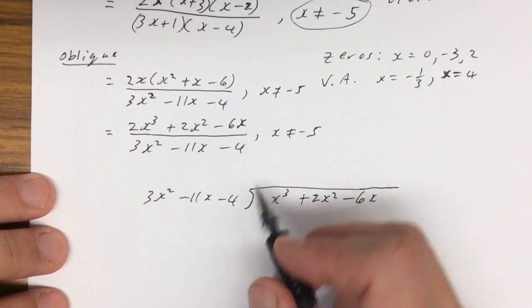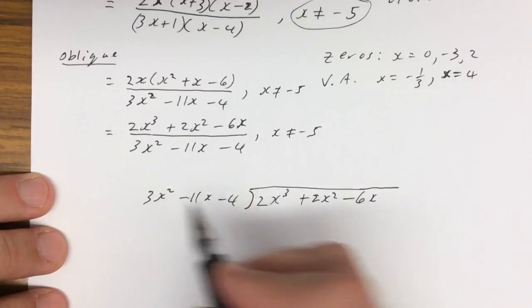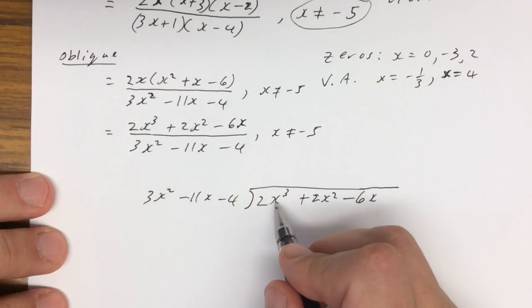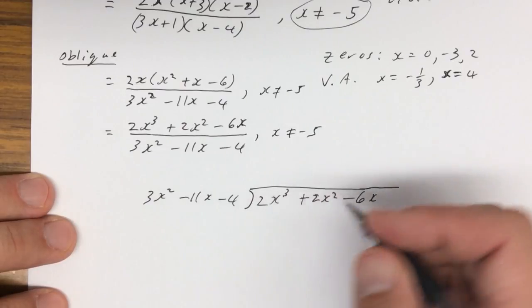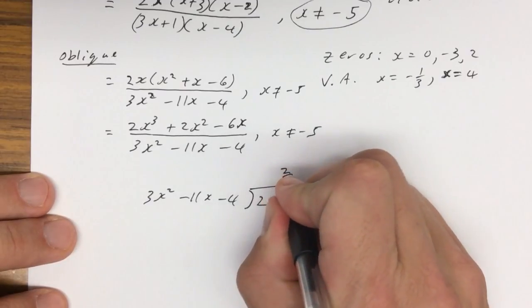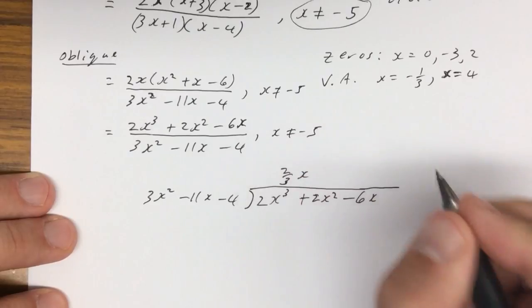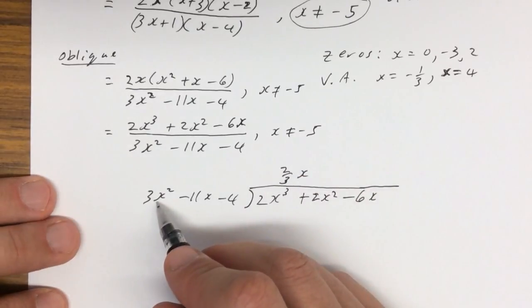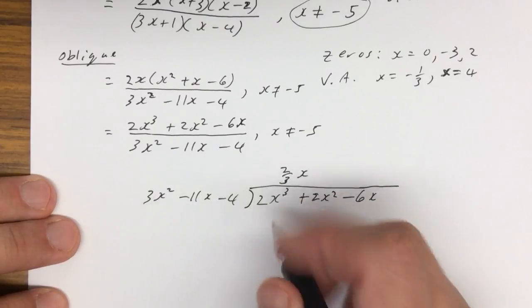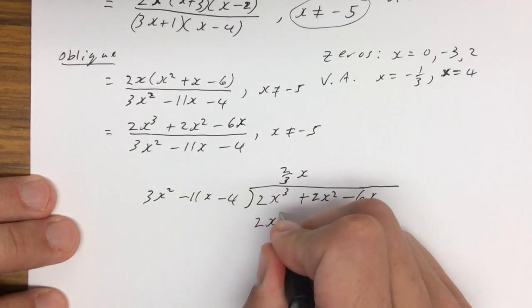So now what do we multiply 3x squared by to get 2x cubed? We're going to have to multiply it by 2/3 x. Okay, so 2/3 x times 3x squared cancels out the 3's, you get 2x cubed.